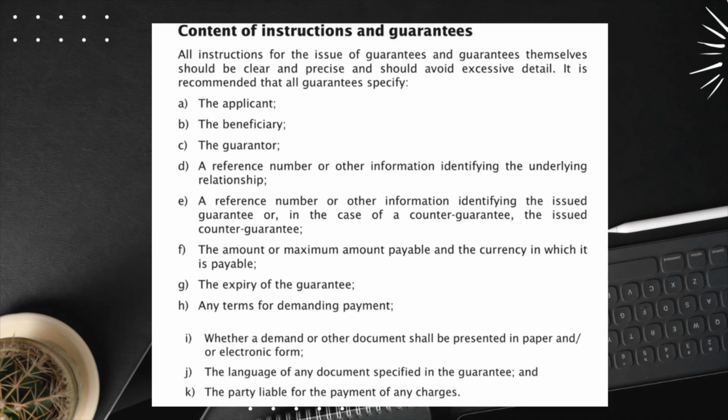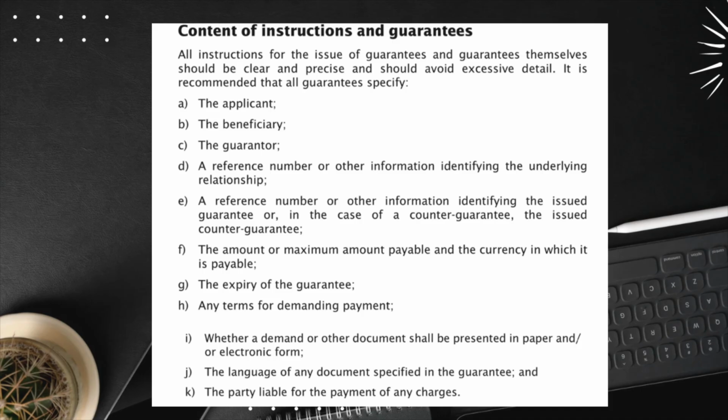When drafting a demand guarantee, include these crucial details. First, the names of the applicant, beneficiary, and guarantor. Second, a reference number of both the underlying relationship and the guarantee itself. Third, the amount or maximum amount payable and the currency. Fourth, the expiry date or an event that defines the guarantee's expiration.